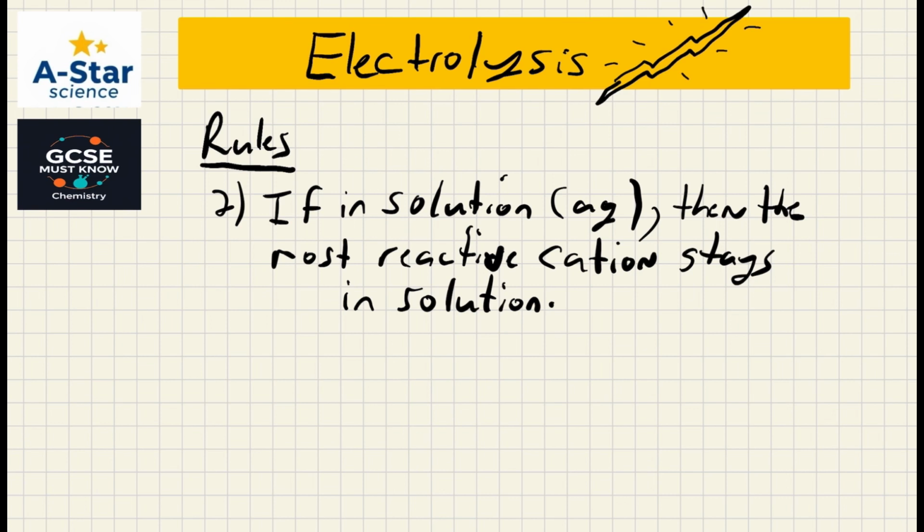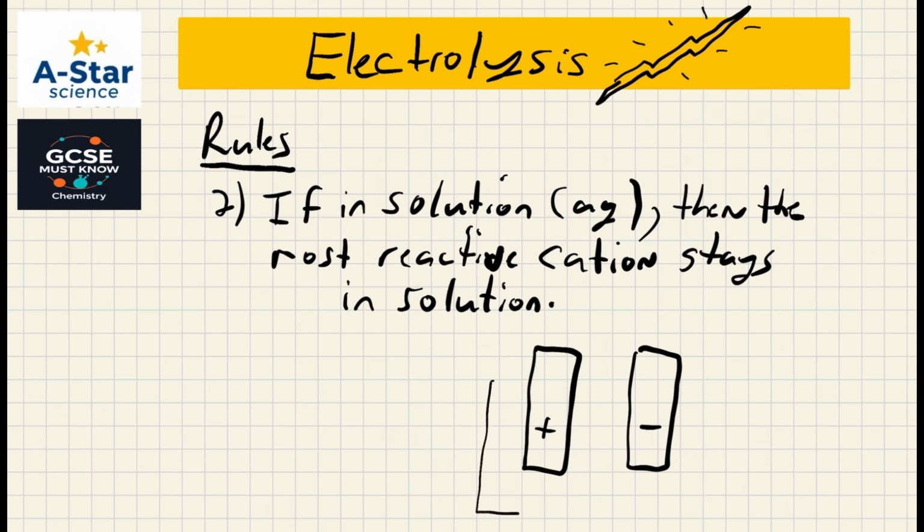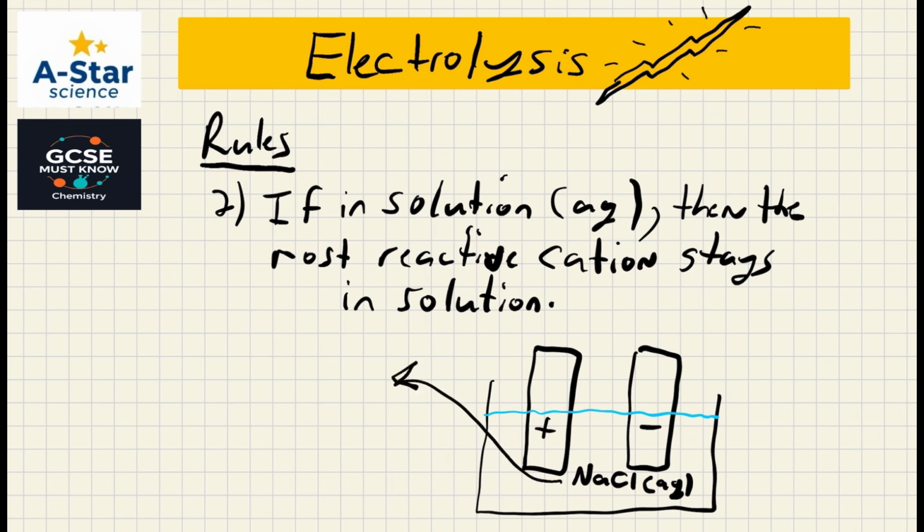So let's look at an example of that. Again, we do our quick electrolysis setup, and we have our anode and our cathode, and we have a solution around it. And let's say we had sodium chloride solution, and I know it's a solution because it's aqueous. Now, instead of 2 ions, I'm going to have 4 ions in this solution. I'm going to have a sodium ion, which is plus.